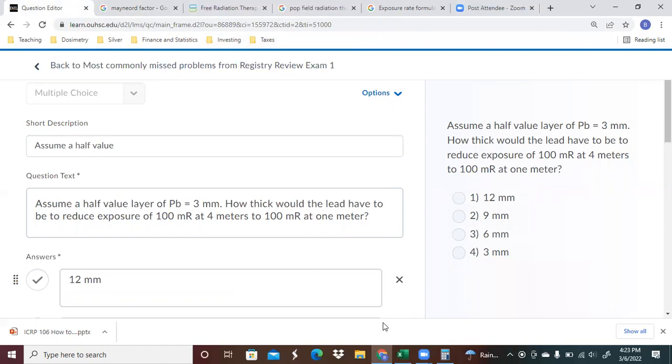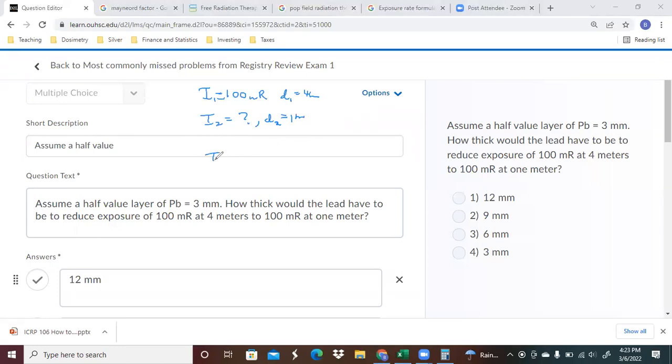So let's take a look here and say, okay, I know I have an intensity of 100 milliroentgens, and this is at a distance of 4 meters. What's going to be my new intensity when the distance is shrunk to 1 meter?